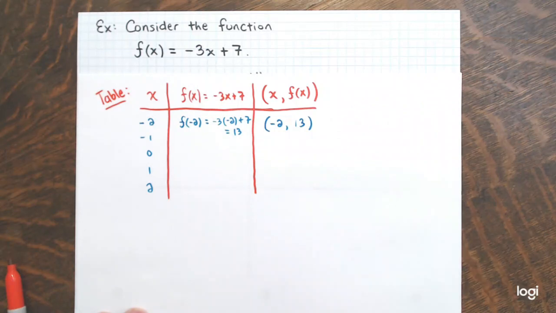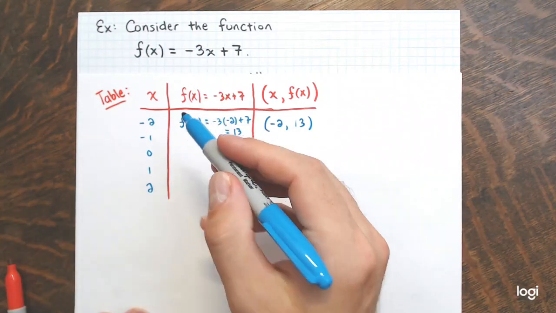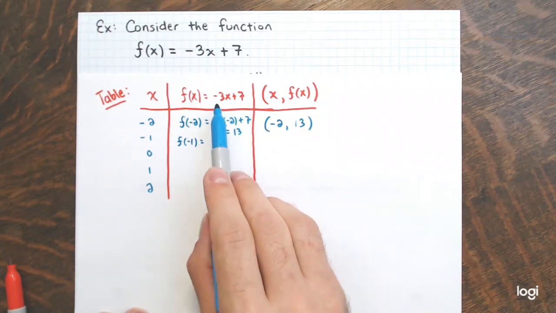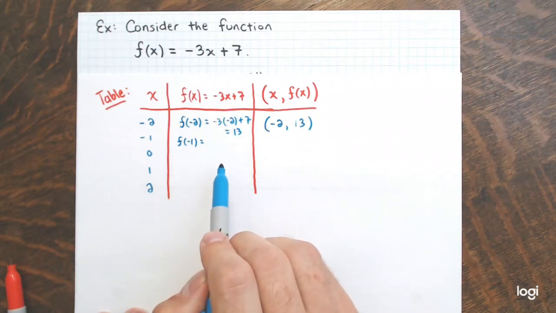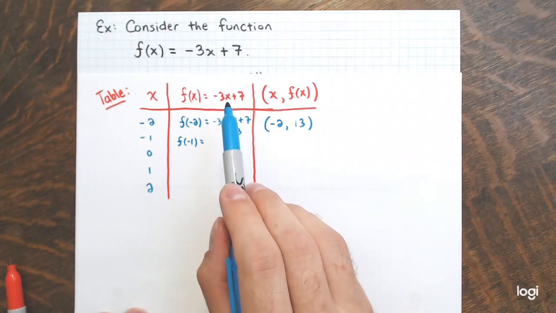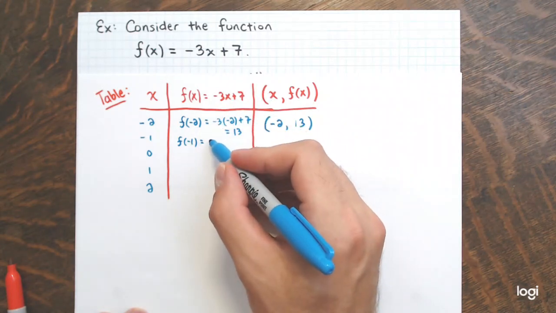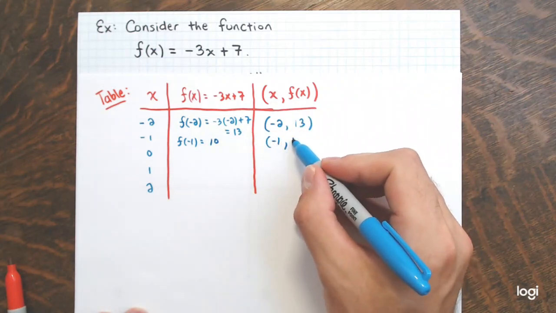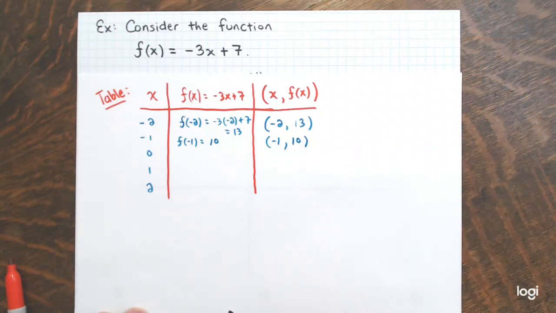And then the value of f at -1 is -3 times -1. I'm not going to write it, so I don't get too cluttered in here. -3 times -1 would be +3, plus 7 would be +10. So input -1, output +10.